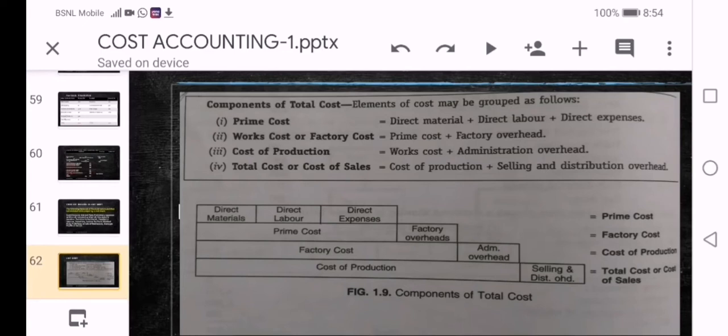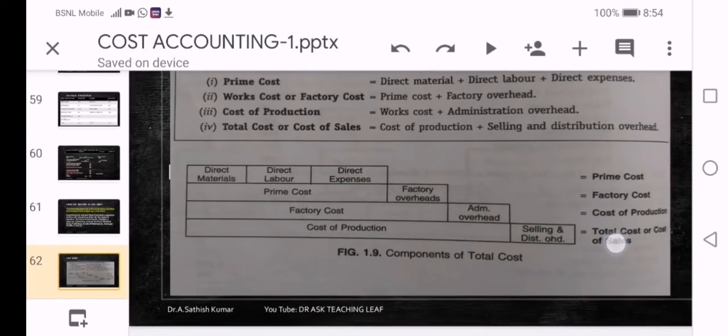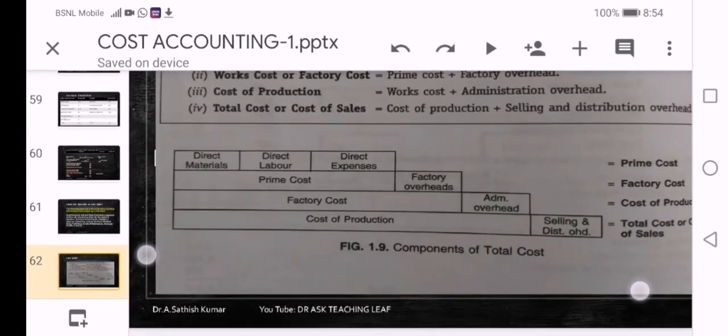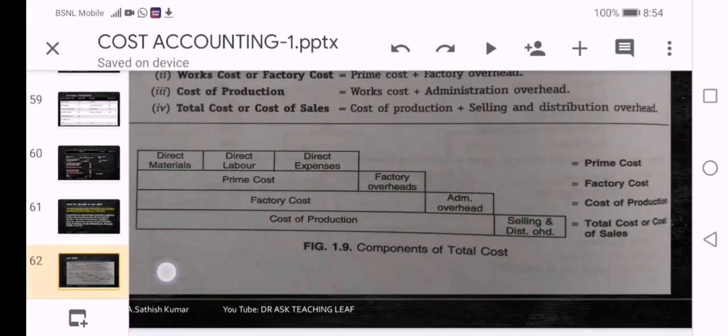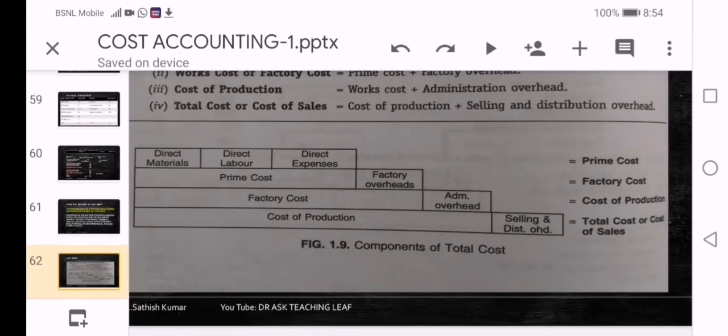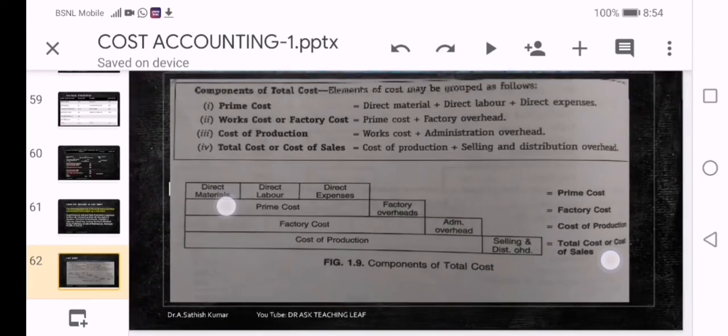Once you add all these to the cost of production, you will get the total cost, which is also known as cost of sales. That is shown in another format also for better understanding. The difference between cost of sales and sales is either profit or loss. This particular chart also helps you better understand the pro forma that we have discussed in the previous slide.